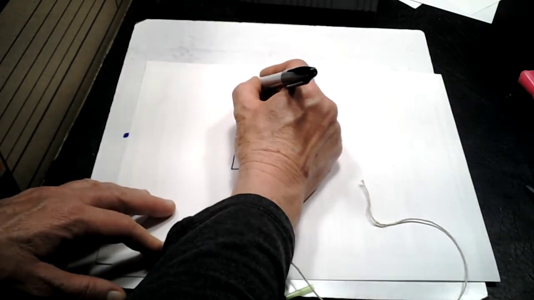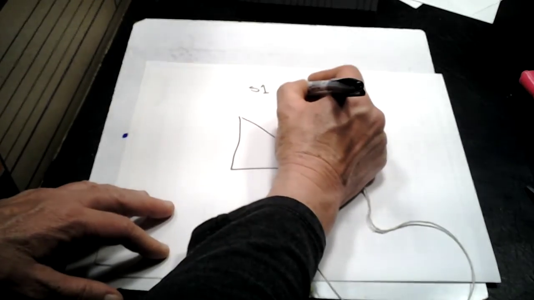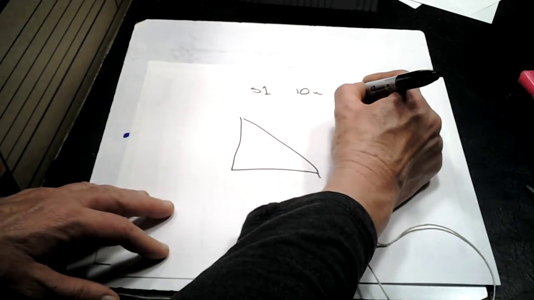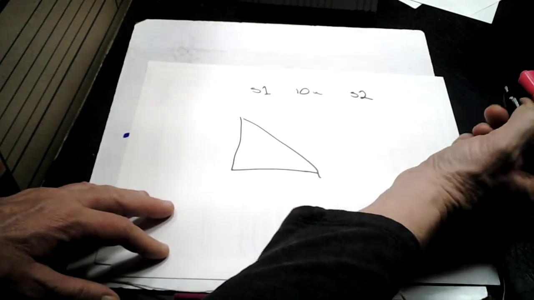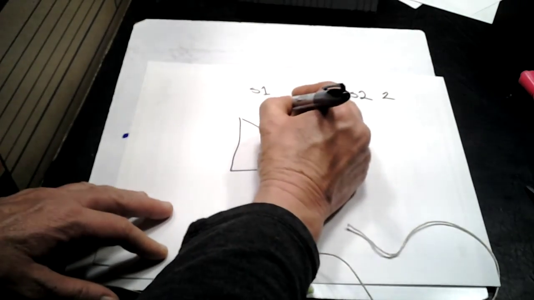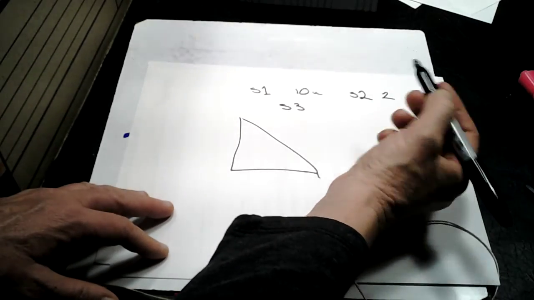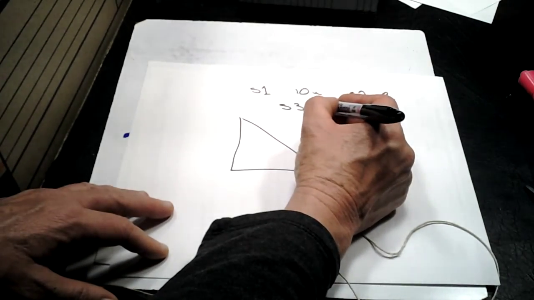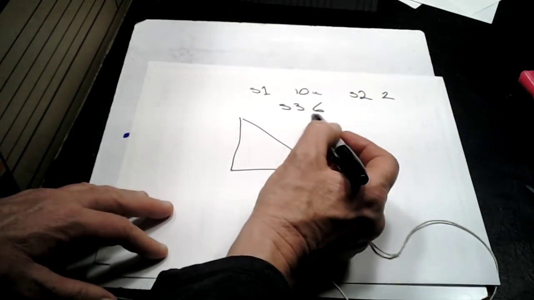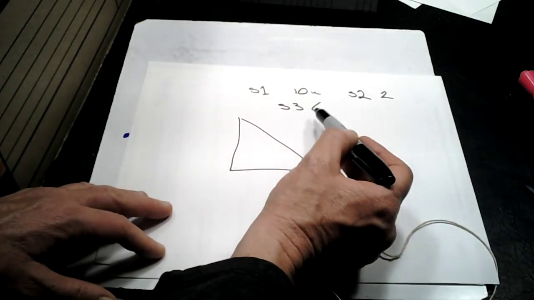So they might say side one is, say, 10 units, and side 2 is 2 units, and side 3 is, let's say, 6 units. They wouldn't say it like that because it's confusing with all those numbers. And then they say, is this a triangle that is possible?